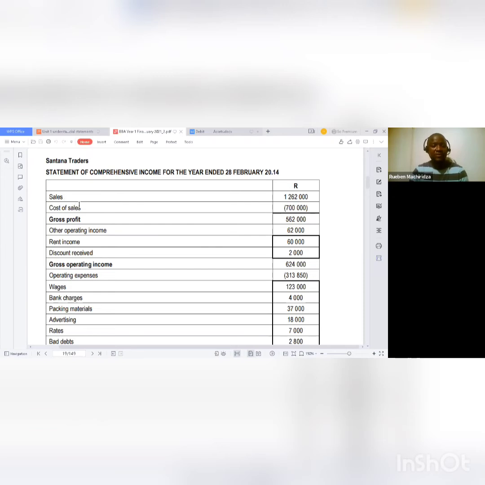For us to make sales, we must have incurred certain costs, because those products that we are selling, at some point we must have bought them, or at some point we must have manufactured them. Those costs of buying or manufacturing are the cost of sales that we are talking about here. It's very fortunate that, looking at the type of questions that you are asked, you are always given the cost of sales figure.